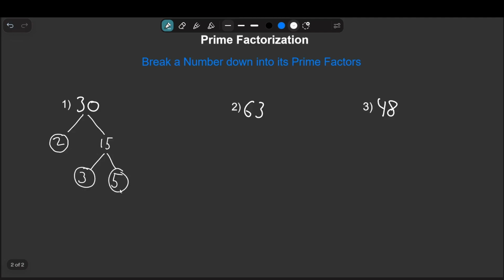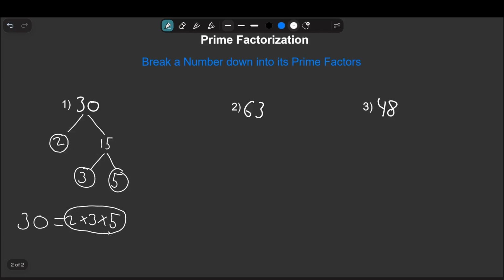These are both already prime numbers. So now we are done with getting the prime numbers of 30. We can write it down like this: 30 equals 2 times 3 times 5. This will be your final answer.